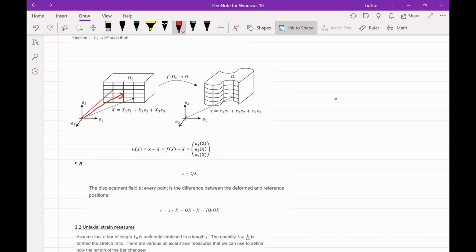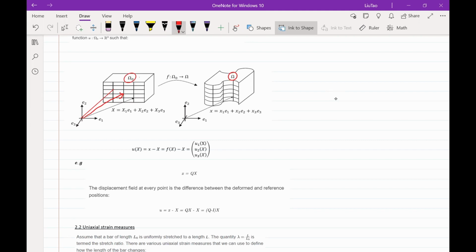We denote the set of vectors corresponding to the material points as omega 0. And this embedding is called a configuration. We are interested in comparing a deformed configuration with an undeformed configuration.